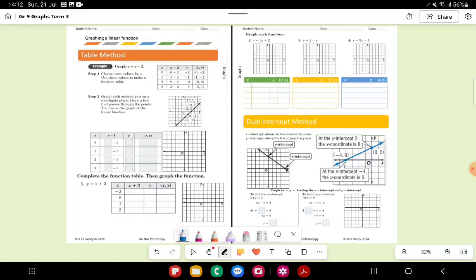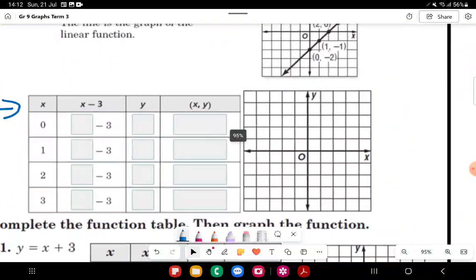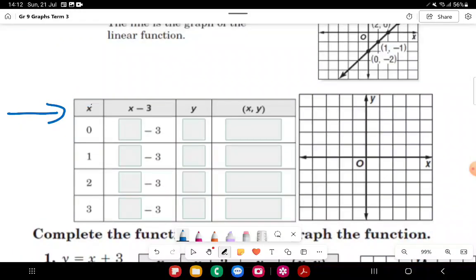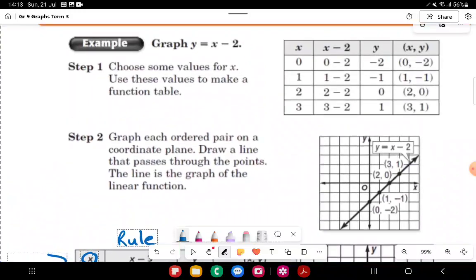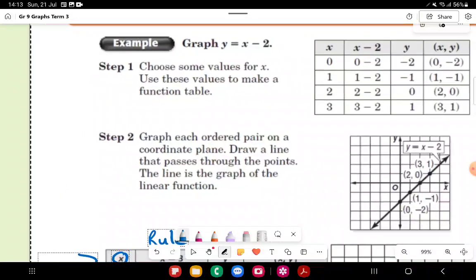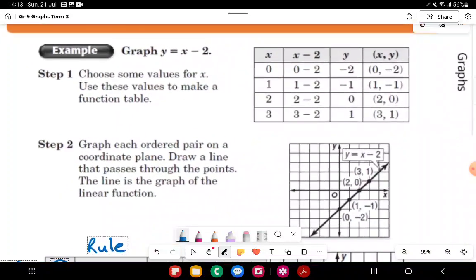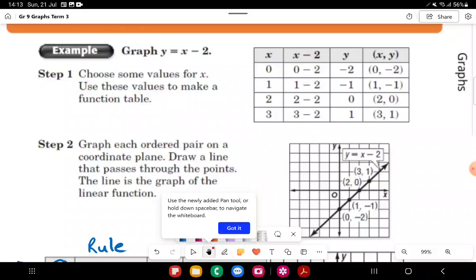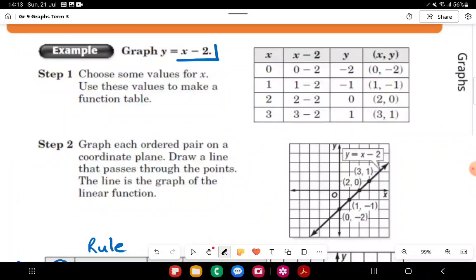So basically what we have is on our first row you have the headings. Our first heading is going to be the x point, then you have the rule, and the rule is going to be the equation. So here, for example, it says x minus 2, and that's going to be my rule over there.